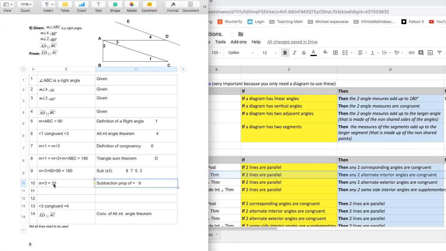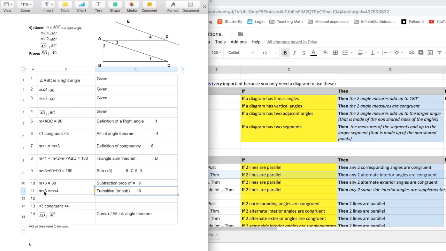And now I know that 3 is 30, and if from step 2 I know that 4 is 30, so I can do a little transitive or substitution, either one is correct, and put the measure of angle 3 is equal to the measure of angle 4. All I did was transitive, or sub. You don't have to write that, but I'm going to write it for you that you could use either one, transitive or sub. And of course I got that from line 10, the line that I just used.